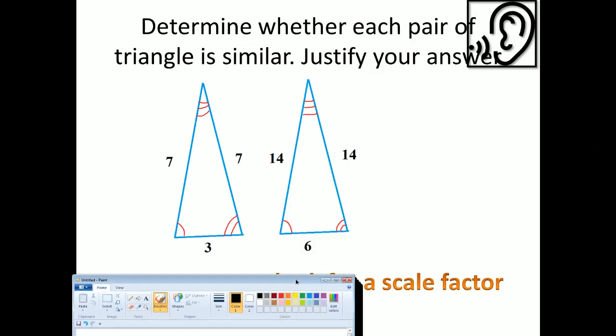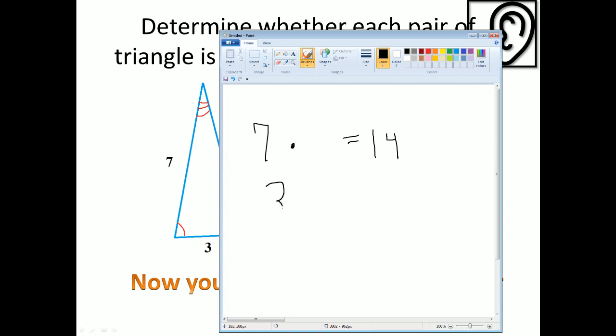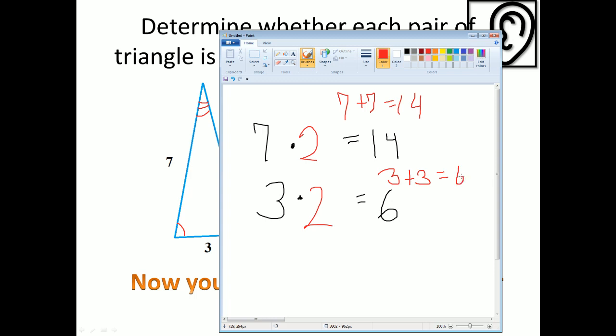Okay, 3 times what gets me 6? Alright, looks like here 7 times 2 gets me 14. 3 times 2 gets me 6. Okay, you don't believe me? 7 plus 7 is 14. And 3 plus 3 gets me 6.